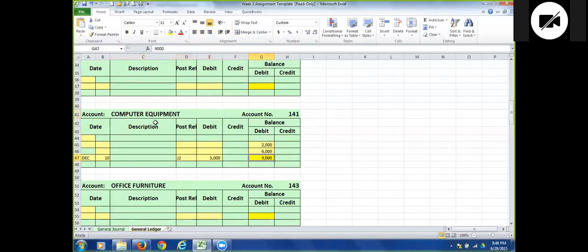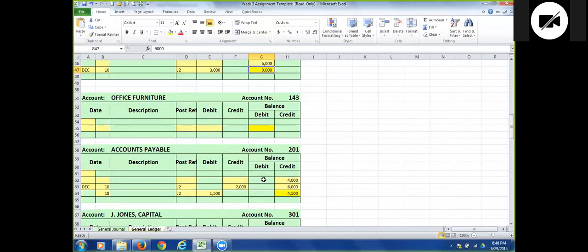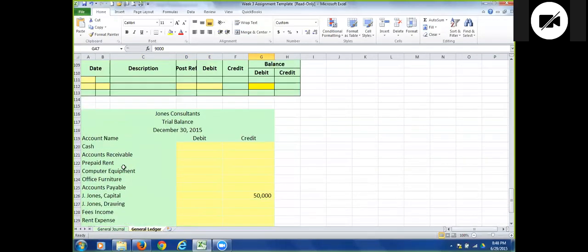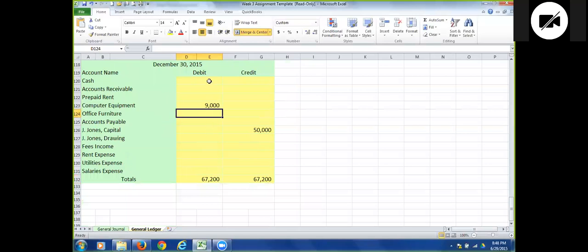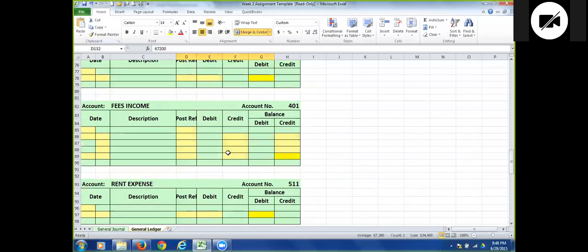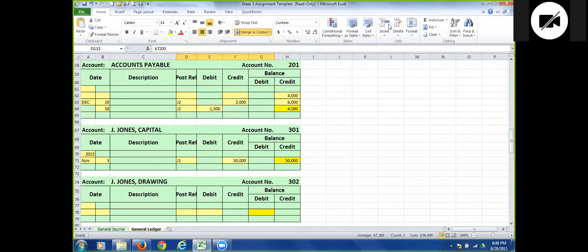So it's a debit of 9,000. So you go down here, computer equipment, debit 9,000. And after you do this, your debits should total to 67.2, credits to 67.2, and they equal. That's all you have to do with the trial balance. It's just a listing of your accounts.